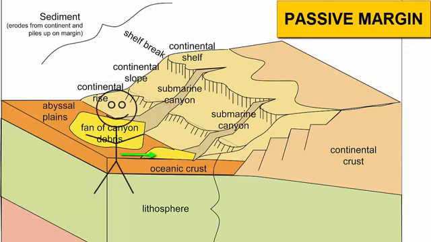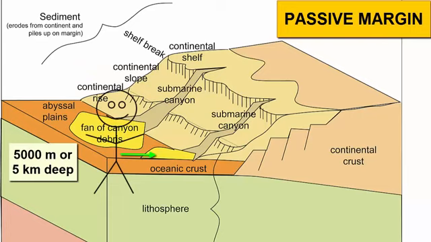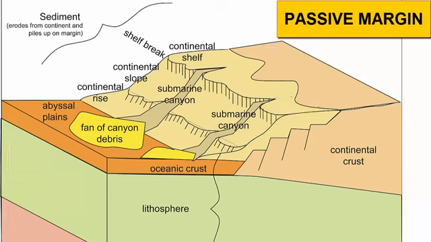If we journey from the deep abyssal plains, which are on average 5,000 meters or 5 kilometers deep, towards the margins, returning to the shore, the first thing we see is a gentle rise of sediment, then a much steeper slope that rises up to the flat continental shelf above. Because passive continental margins have no trenches or subduction, the sediment can collect in large amounts.